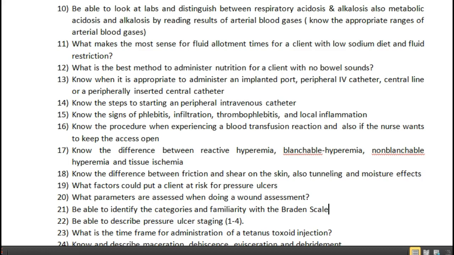Avoid using an extremity if a person has a graft or a fistula, or if a person had breast surgery on that side. Also, you can start a catheter on a kid in the foot sometimes, but you shouldn't start it on an adult in the foot because they say that it may lead to thrombophlebitis.